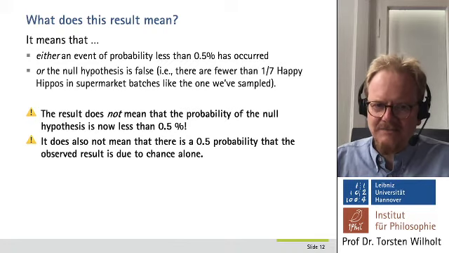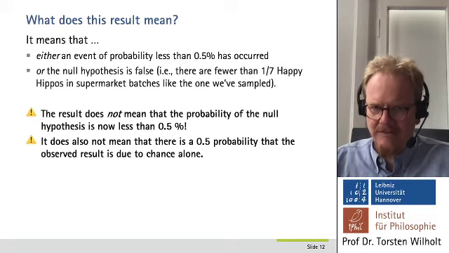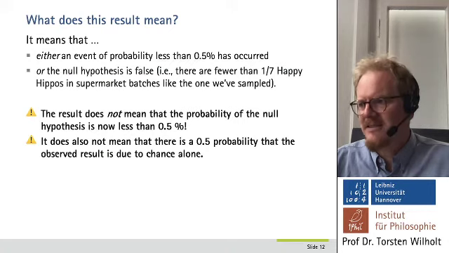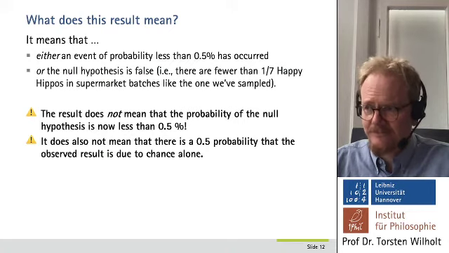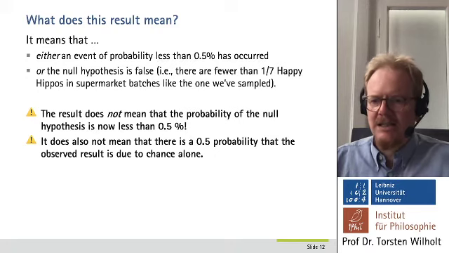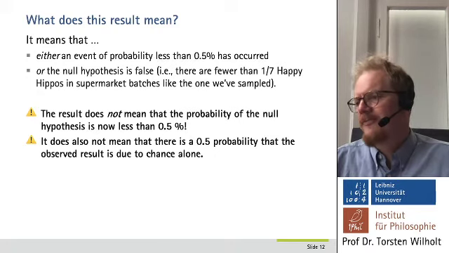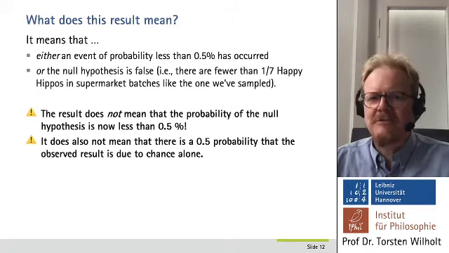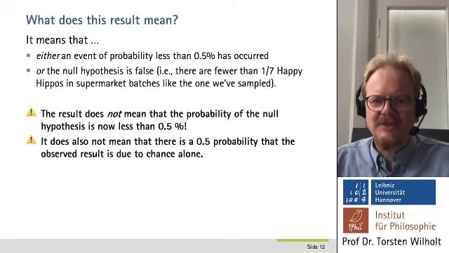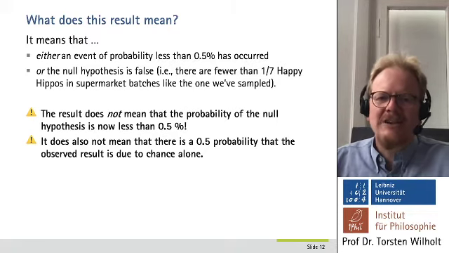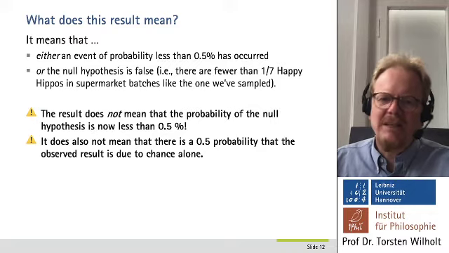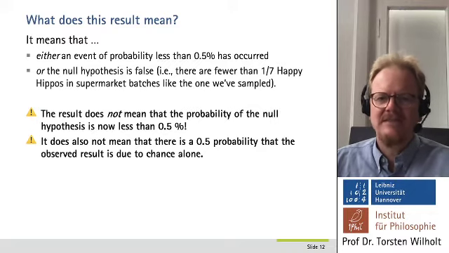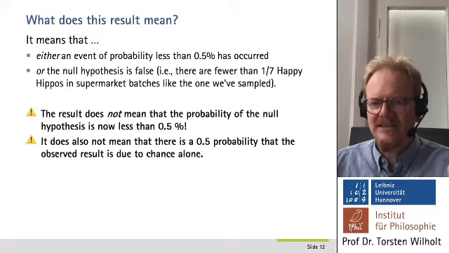This result does not mean that the probability of the null hypothesis is now less than 0.5%. First of all, we are still in a frequentist framework. And in a frequentist framework, talking about the probability of the null hypothesis makes no sense at all.